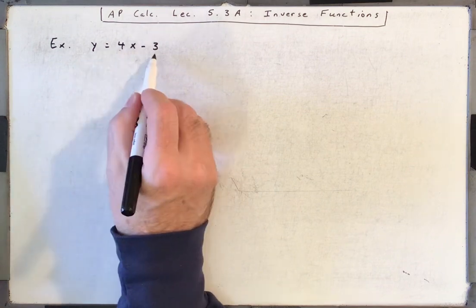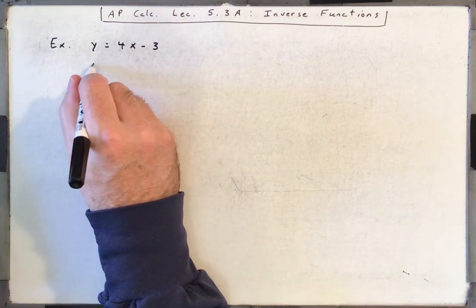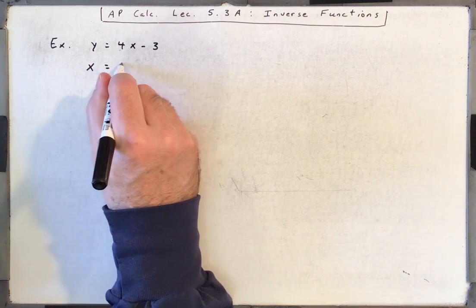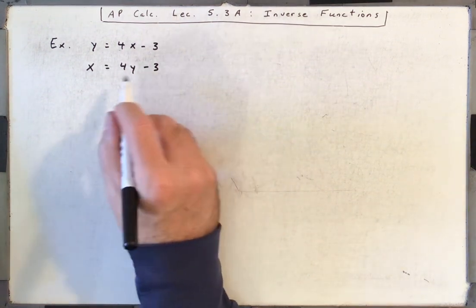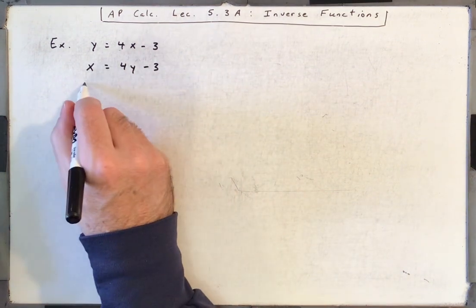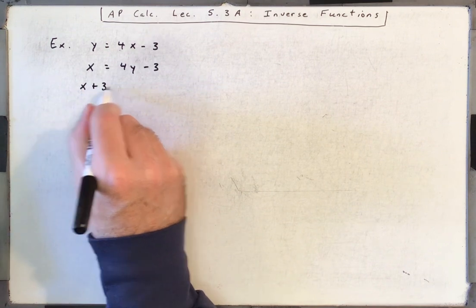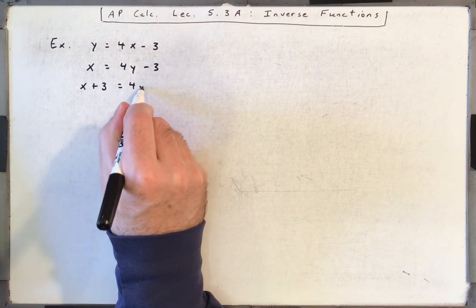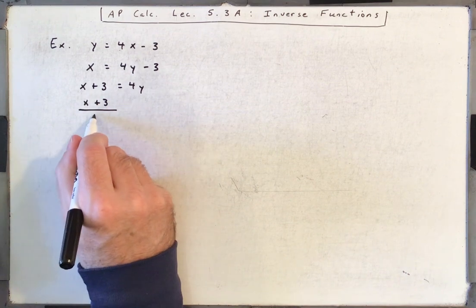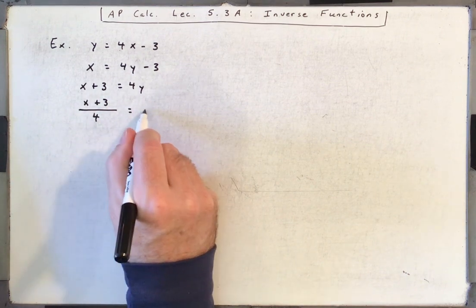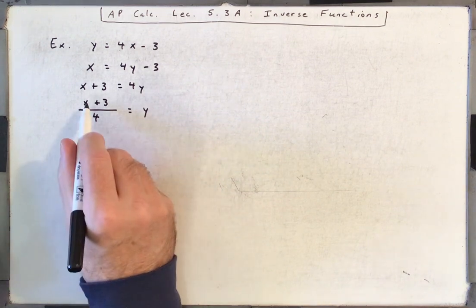So let's swap the x and the y. So we'd have x is equal to 4y minus 3. And now we're going to solve for y. So add 3 to both sides. x plus 3 is equal to 4y. So x plus 3 over 4, divide both sides by 4, is equal to y. And that works.